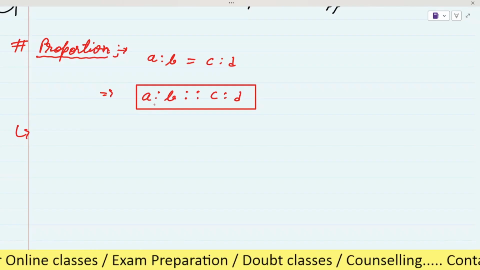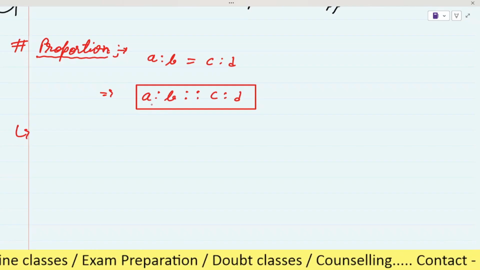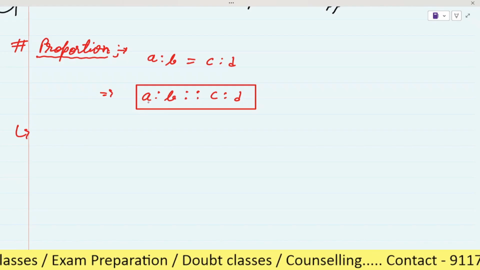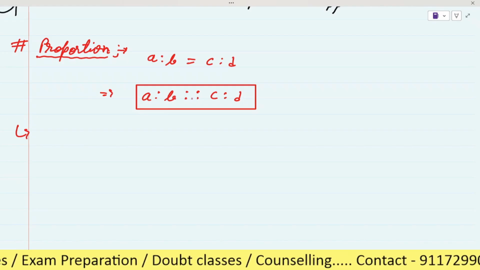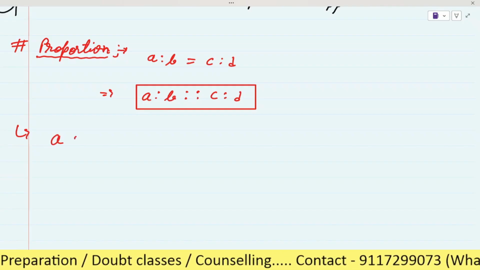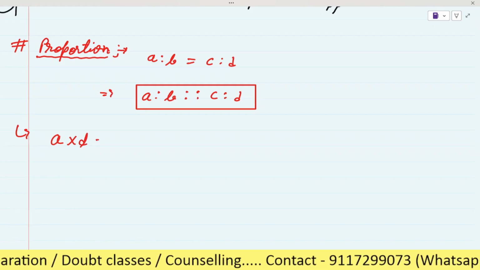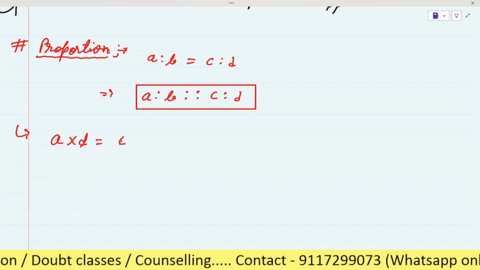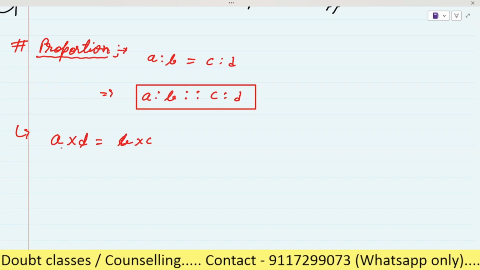By this formula or way of presentation, A is to B is proportional to C is to D, here we can say that A multiply D will be equal to B multiply C.